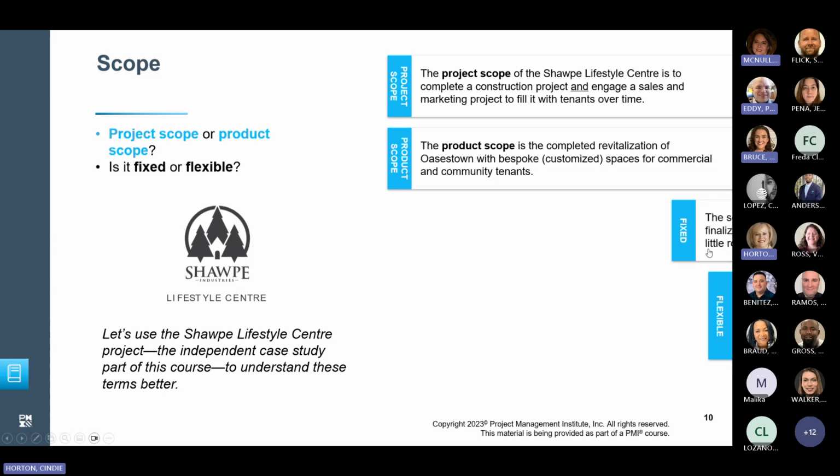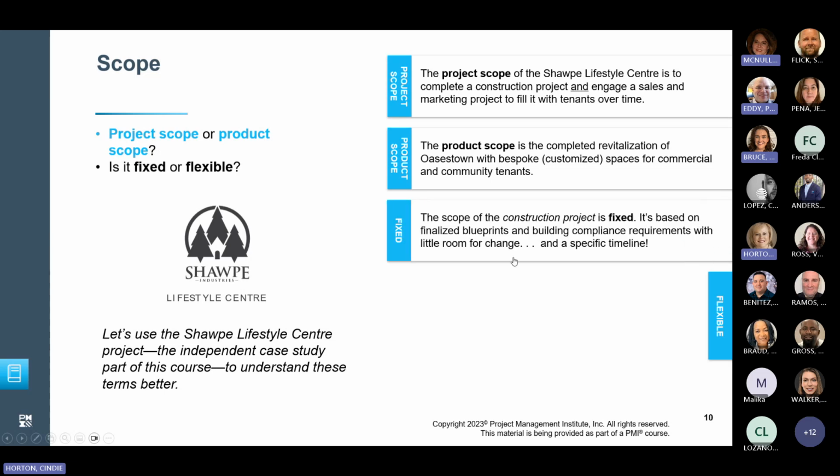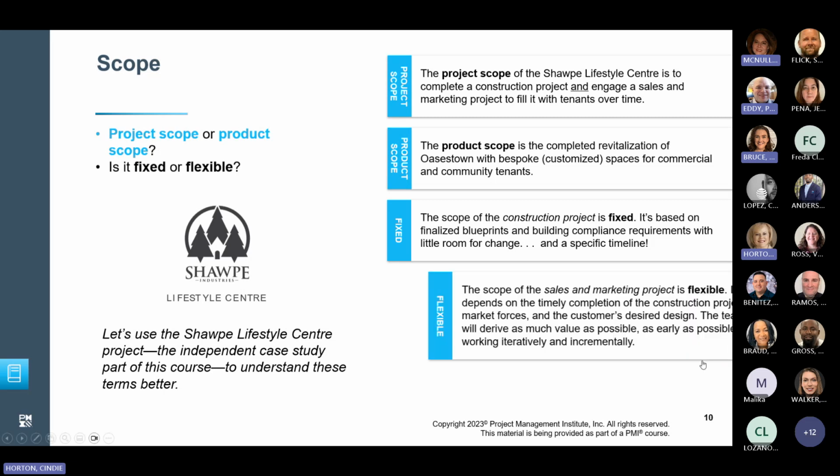Our fixed scope, the scope of the construction project, is fixed. It's based on finalized blueprints and building compliance requirements with little room for change, and it has a specific timeline. So in this instance, the construction project is considered fixed.